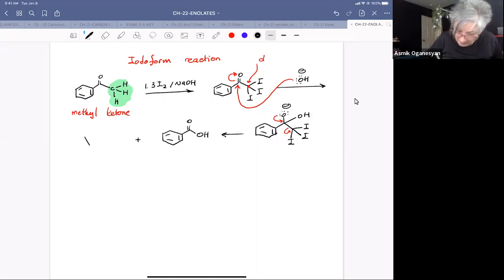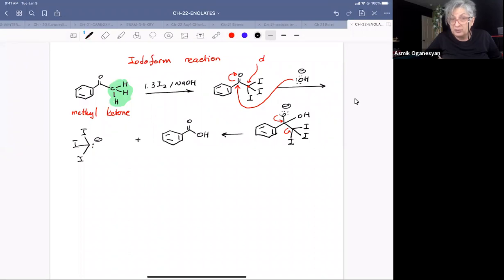plus your iodomethyl residue. And then in the second step, you will protonate your reaction mixture. And you will form iodomethane.